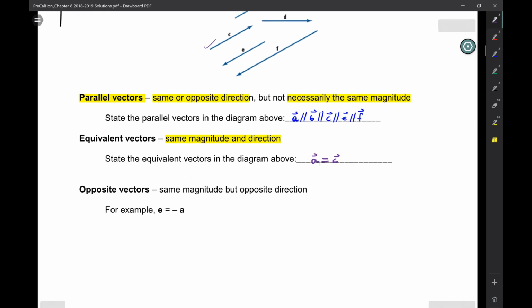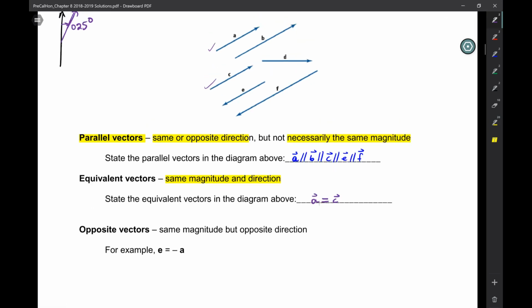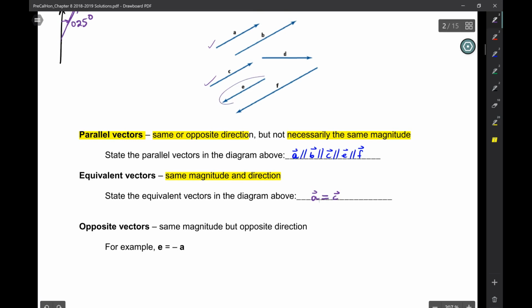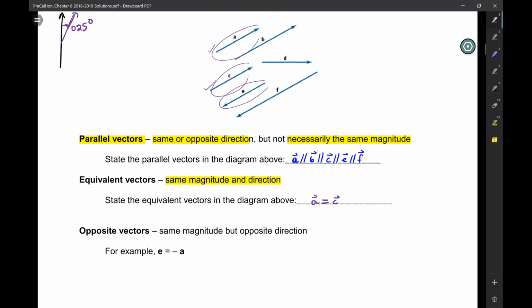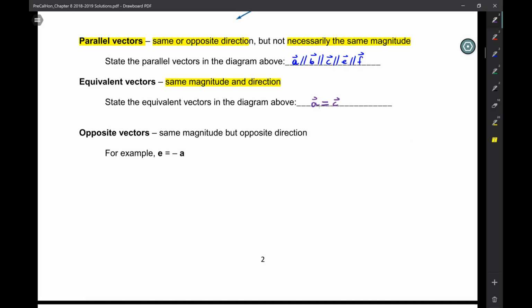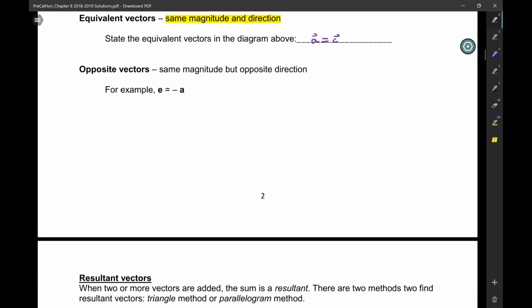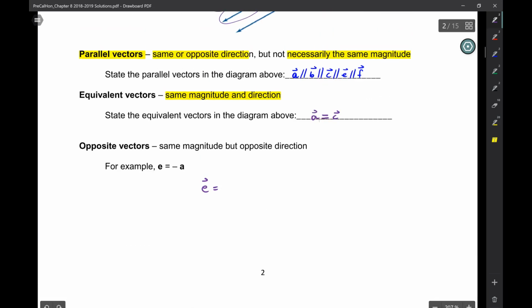Opposite vectors have the same magnitude but opposite directions. So in this case, E and C, or E and A. They have the same magnitude but opposite direction. If you have vector E, it points in the opposite direction as vector A, correct?